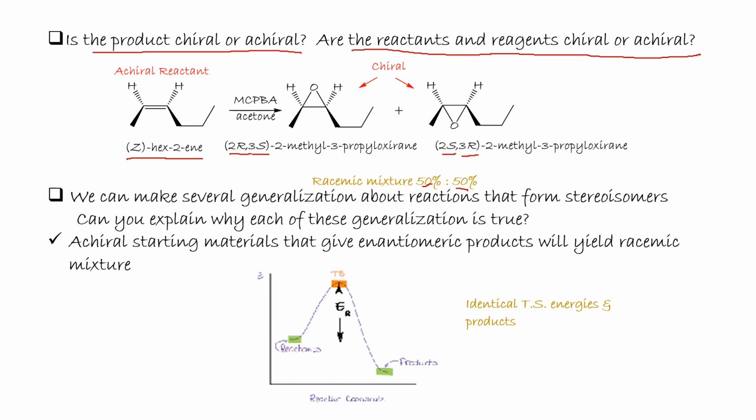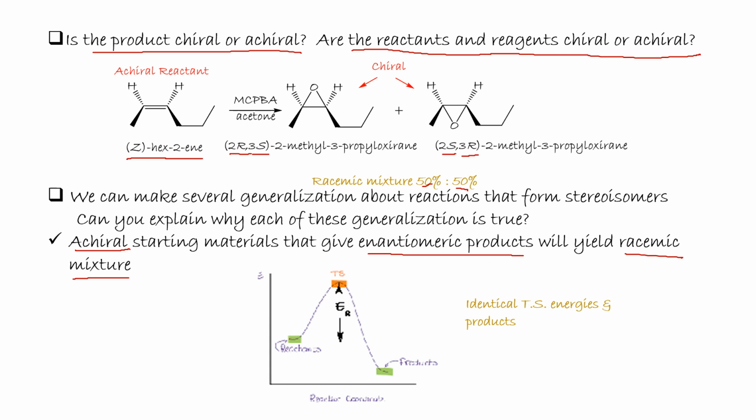We can make several generalizations about reactions that form stereoisomers. Can you explain why each of these generalizations is true? If we start with an achiral starting material that gives enantiomeric products, it will yield a racemic mixture. Racemic mixture, because enantiomers are equal in energy, even the transition state, even the intermediate.